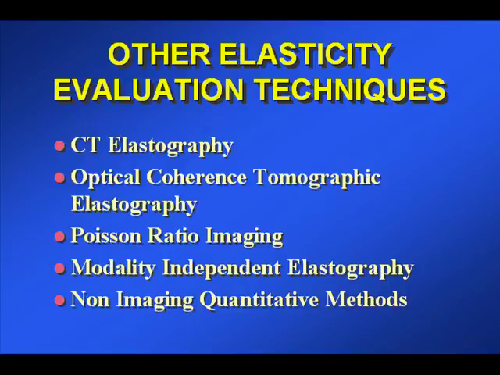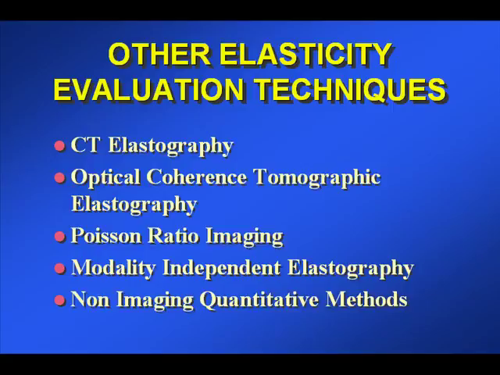Other methods that can be used include CT elastography. I have published, along with some other folks at the University of Vermont, a basic CT elastography technique that was used in the lung. Optical coherence tomography can be used.